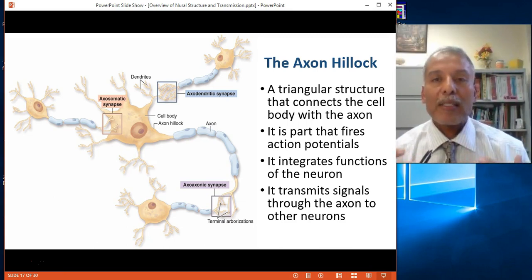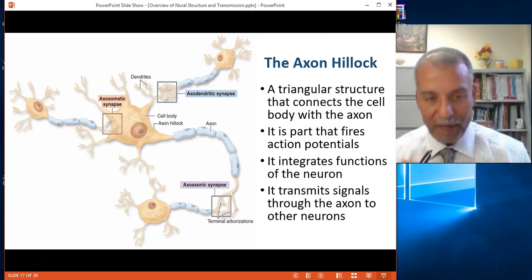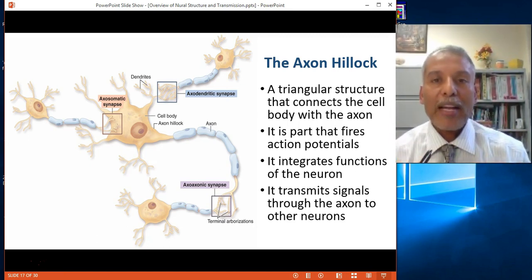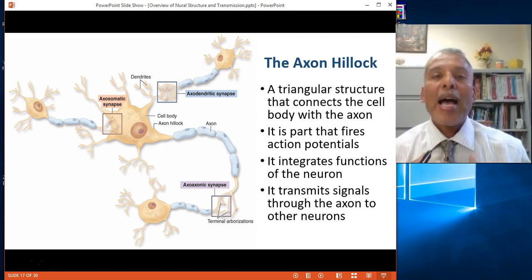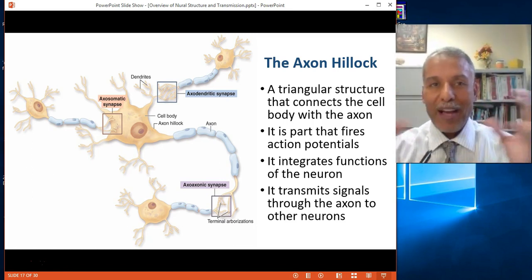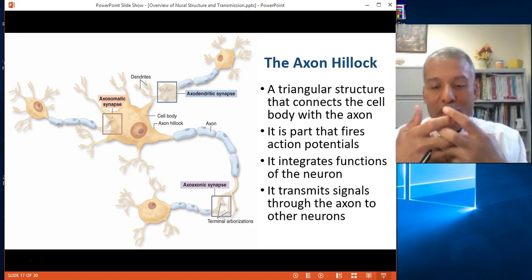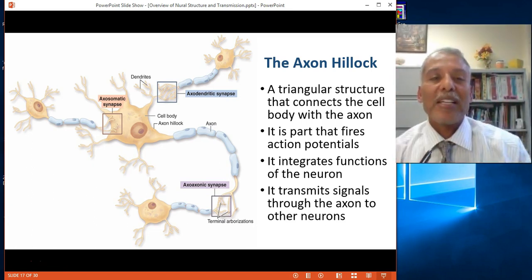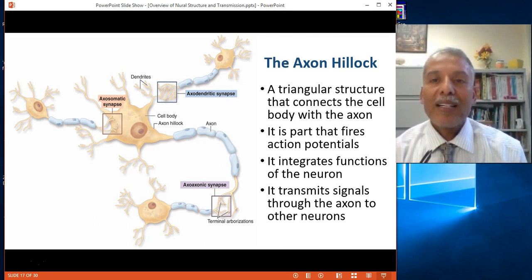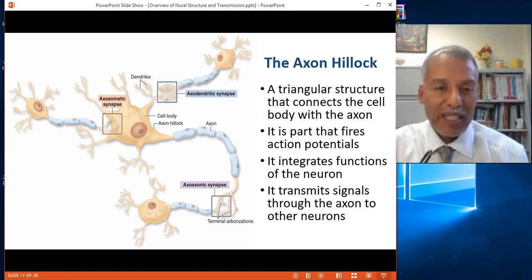If more signals are telling it to inhibit, it will prevent the neuron from firing. It doesn't fire. And if many weak signals come together, add their energy, and they become important together, they can convince the axon hillock to actually fire an action potential, as we'll describe later.